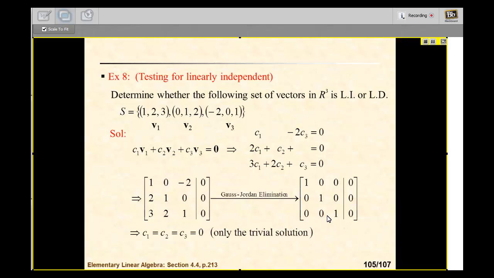Similarly, C1 is equal to C2 is equal to C3 is equal to 0, only the trivial solution. So tell me whether it is linearly dependent or independent. We say that it is linearly independent because all the C's are 0.